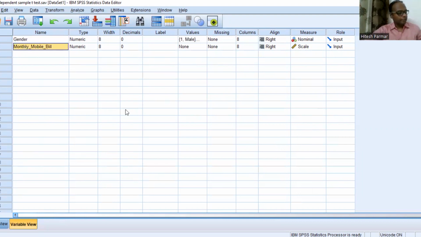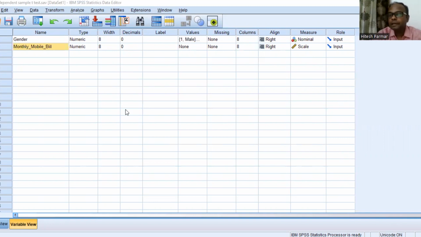Now, first of all, let us discuss how we identify which type of t-test we need to go for, because within the three types of t-test we also need to understand the applicability. So the independent sample t-test will be applicable when you have a grouping variable as a dichotomous variable, and the second variable, we'll call it the test variable, as a continuous scale variable.